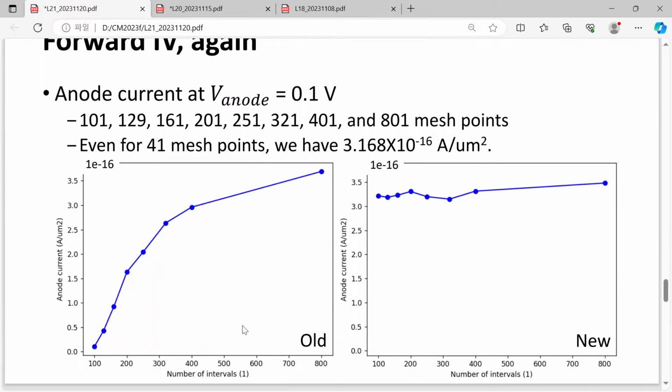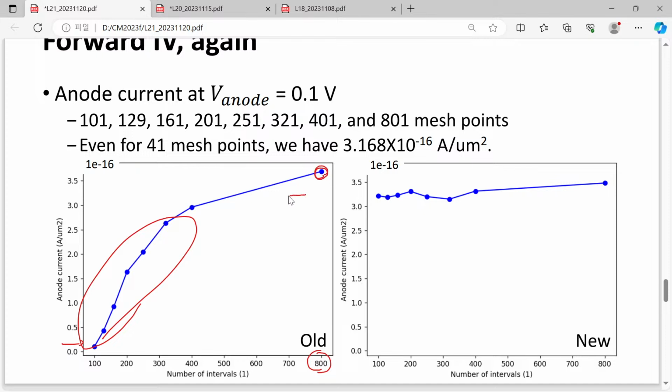Previously I showed you that when we use quite a coarse grid system, then our naive implementation just loses the current. For example, if we use almost 800 node points, then our current is quite accurate.